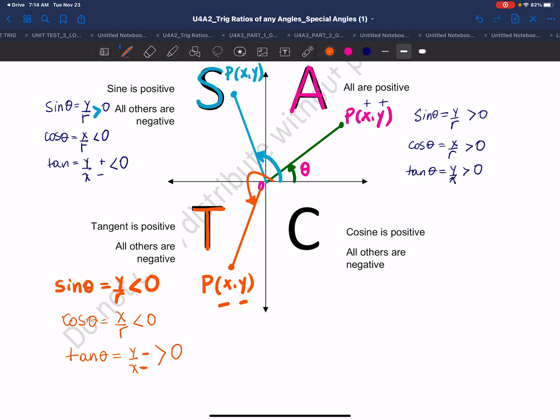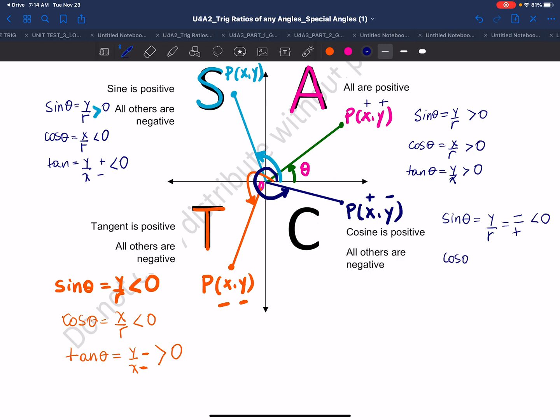Last but not least, we'll take a look at an angle with a terminal arm in the last quadrant. So if the terminal arm is in the last quadrant, if you pick a point on the terminal arm, x and y, you know that x will be positive, y negative. Now we can do this a little bit faster. We know that sine theta is y over r, so that's a negative over a positive, negative.